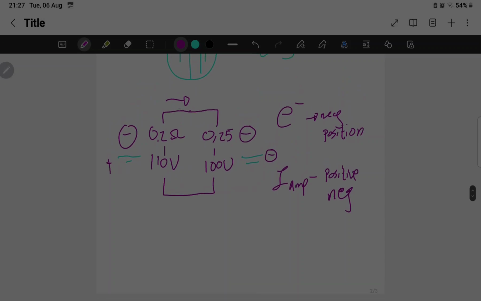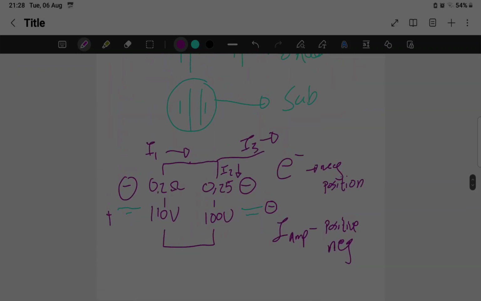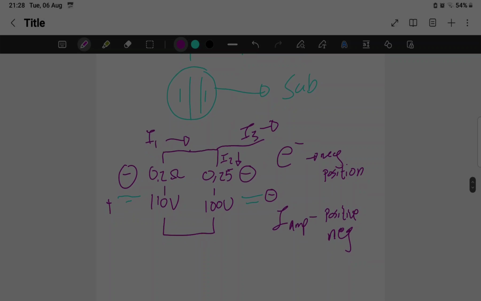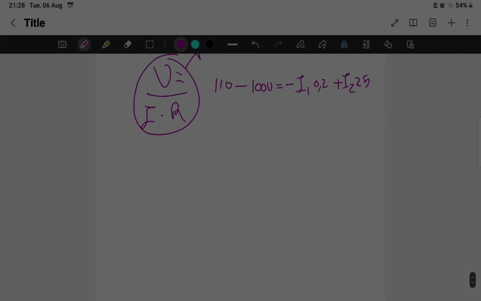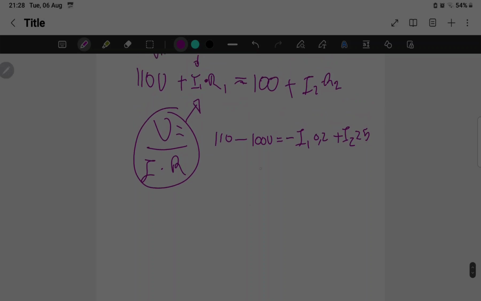So what we have here is current I1 flowing in this direction, I2 in this direction, and I3 in this direction. So we'll get back to that. I1, I2, I3. Now we're going to simplify this equation, and we're going to get 10 volts is equal to I2 times 0.25 minus 0.2 I1.